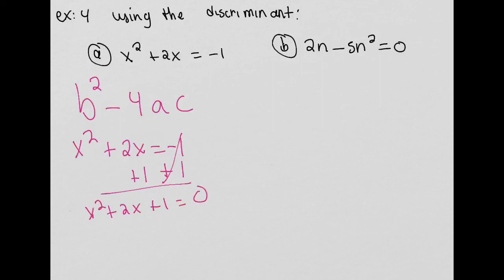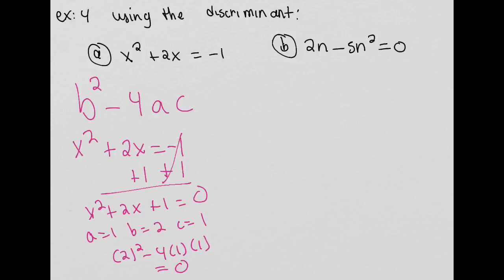Okay. So then I'm going to substitute the A, which is 1, the B, which is 2, and the C, which is 1. So I have 2 squared minus 4 times 1 times 1. And that gives me 4 minus 4. That is 0. What does that mean if we go back in our rules for the discriminant?